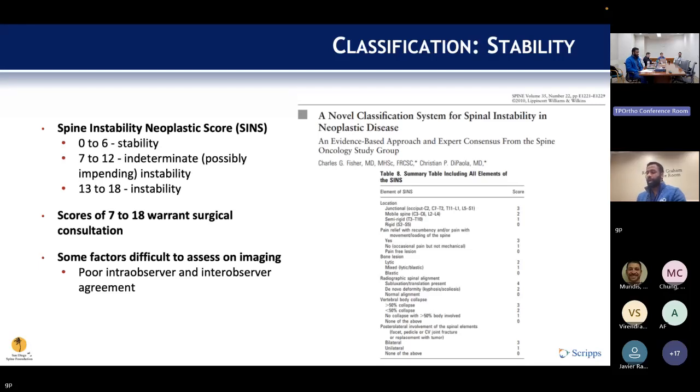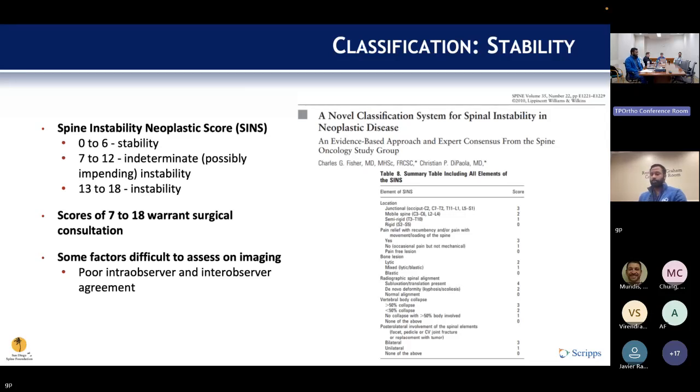They get a score out of 18. 0 to 6 they counted as stable. 7 to 12 was indeterminate and possibly unstable. And 13 to 18 was true instability, and anyone that got indeterminate or unstable warranted at least surgical consultation.